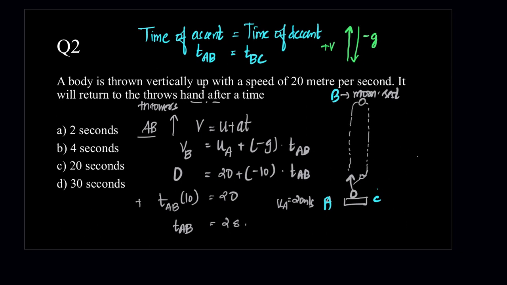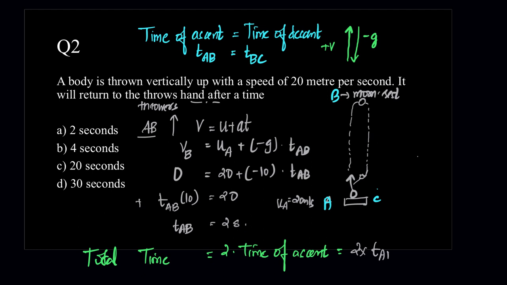And since time of ascent is equal to time of descent, the total time would be equal to 2 times the time of ascent, which means 2 into time traveled for AB, which is 2 into 2 seconds, and therefore the answer here becomes 4 seconds.